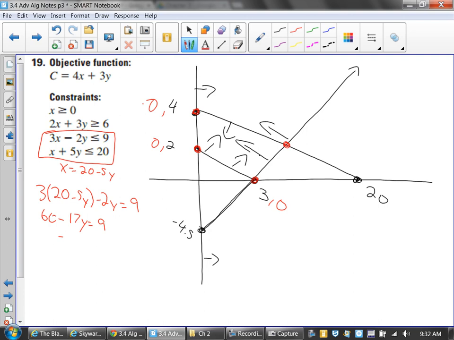Negative 17y is negative 51. So y is 3. If y is 3, 20 minus 15 is how much? 5. So this ordered pair is at 5, 3.